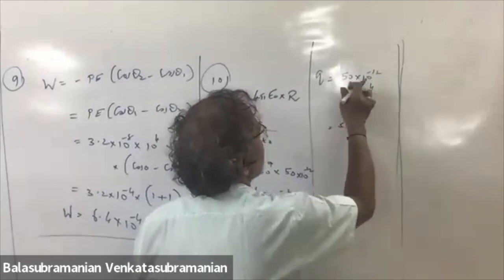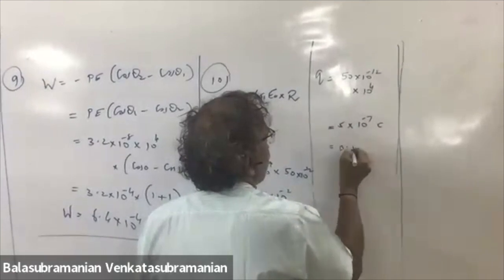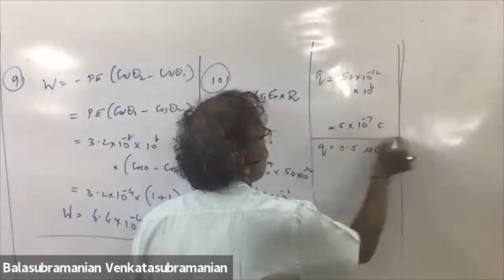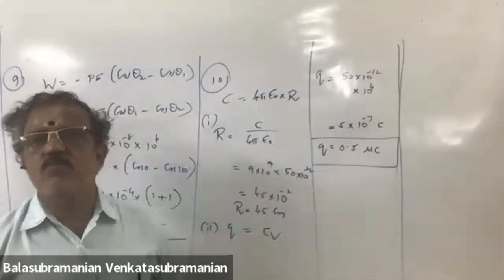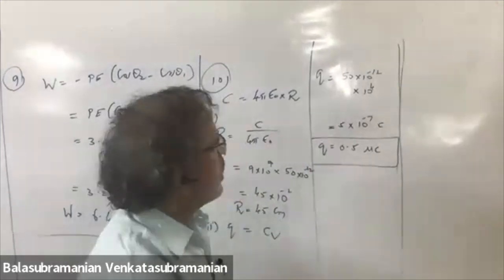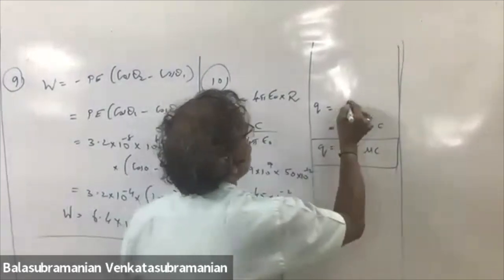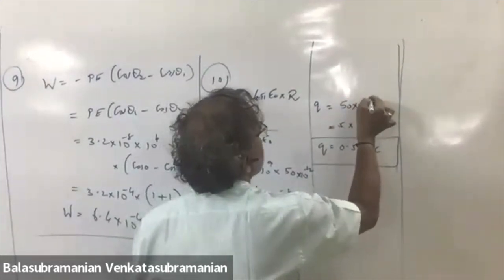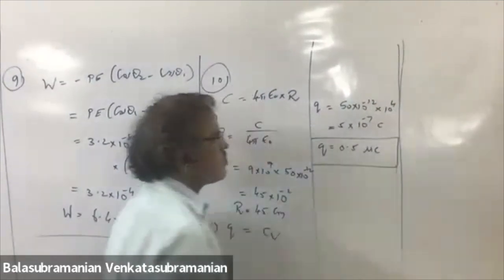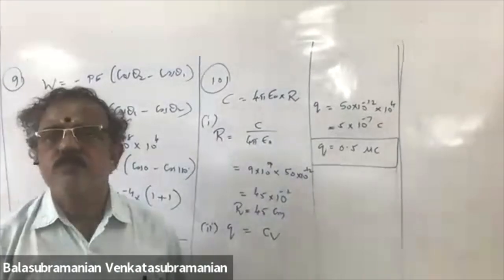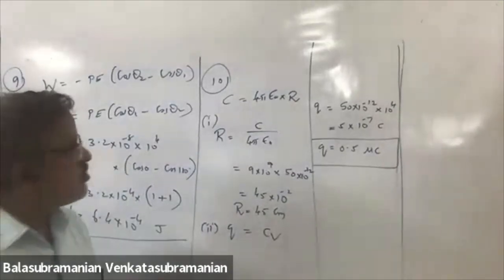So I can write 5 into 10 power minus 7 coulomb, 0.5 microcoulomb. You can leave it as it is or you can convert into microcoulomb. Both are correct. Q is equal to 50 into 10 power minus 12 into V is 10 power 4. Okay, so this is 10th problem.